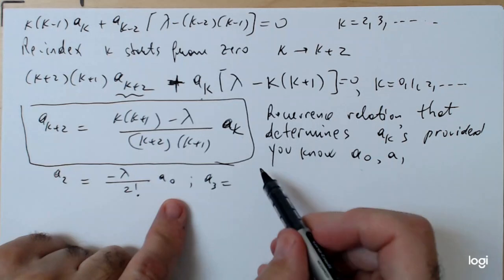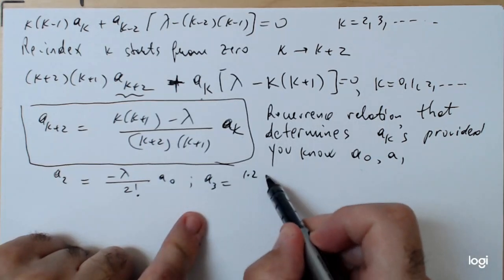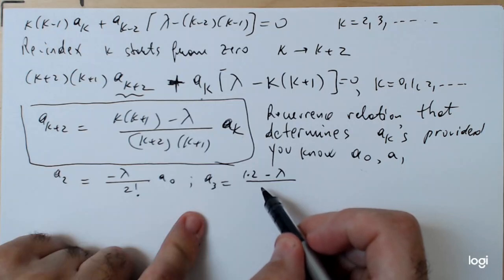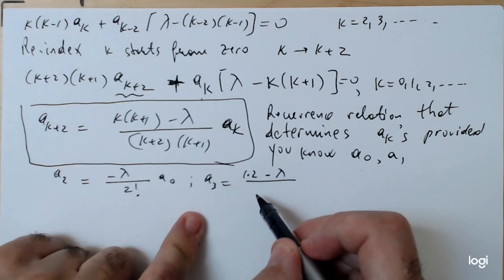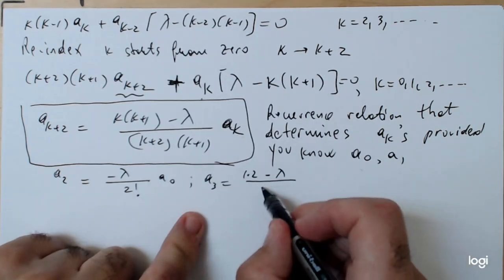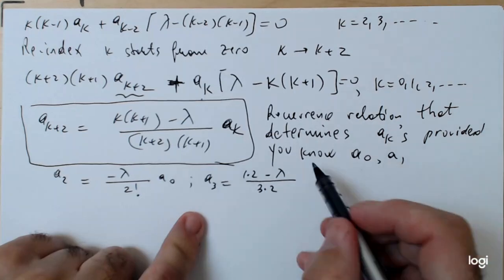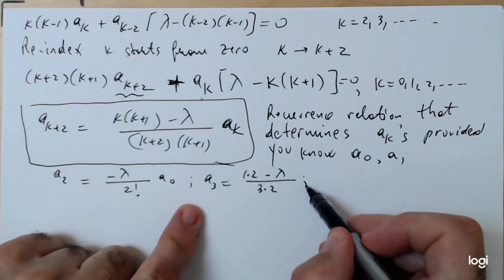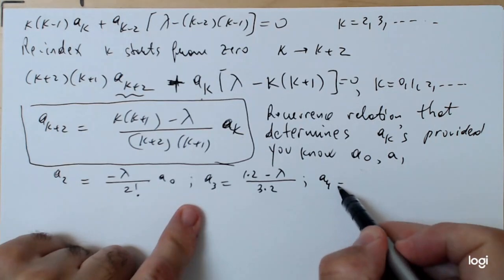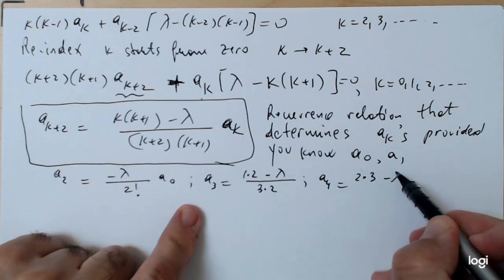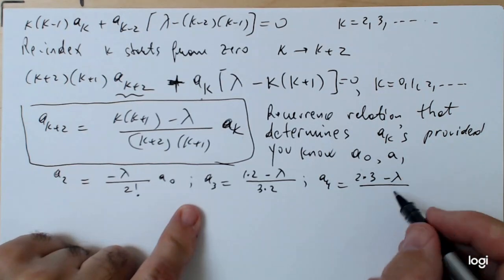So you have on the top 1 times 2 minus lambda over 3 times 2. Well, let's leave it 3 times 2. It doesn't matter if it's factorial because later on it's not going to be. And then a_4 equals 2 times 3, because k is 2 in that case, divided by 4 times 3.